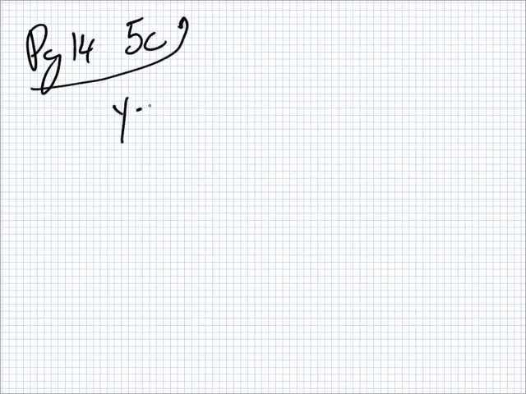Okie dokie. Y equals minus x squared minus 16x minus 61. Yeah? I think he means Z, not C. Ah, no, what he means is Z. Isn't that what you mean? 5Z? Yes, okay. Because, you know, this ain't America.